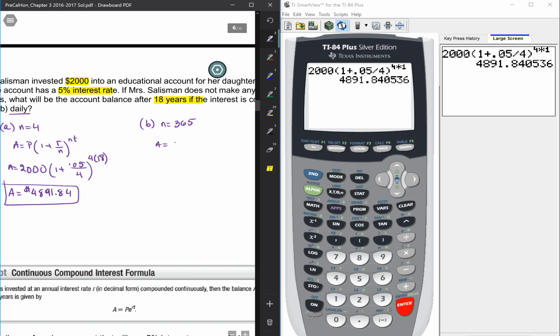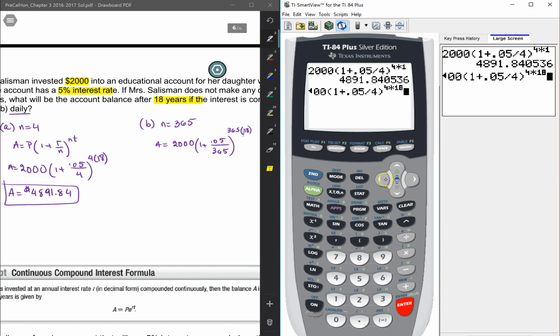Well, let's see. So this is going to be 2,000 times (1 plus 0.05 over 365) to the power of 365 times 18. All right, so I do second, enter to get my equation back.